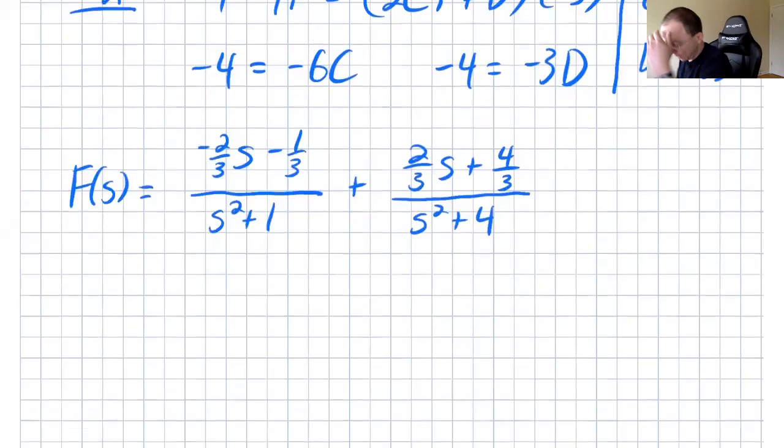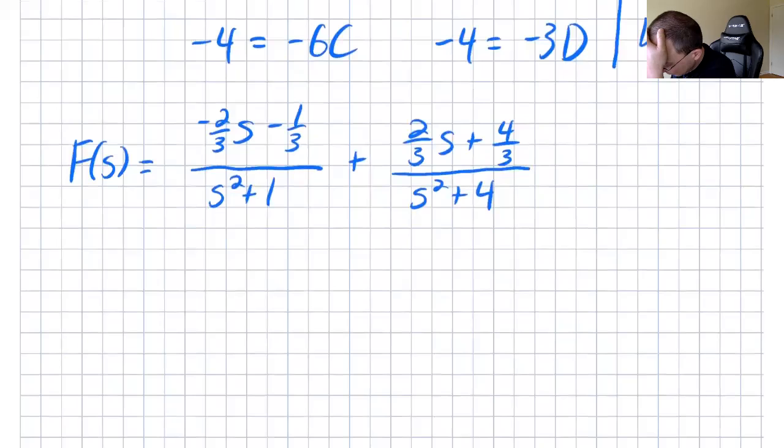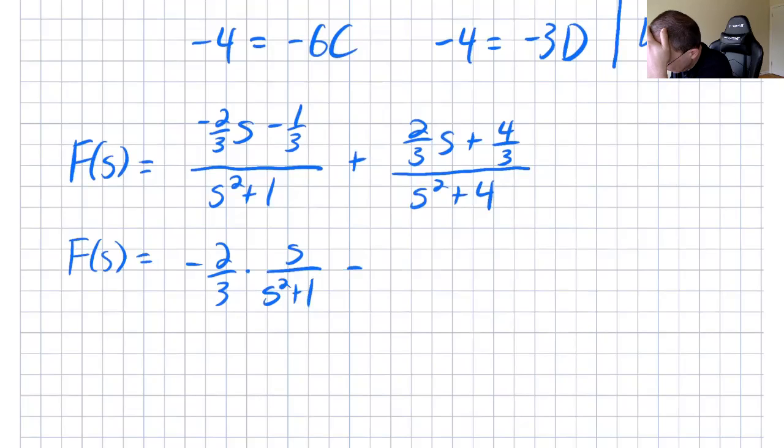Okay, let's break this up a little bit. So on this term, we have -2/3 times s over s squared plus 1. And then we have minus 1/3 times 1 over s squared plus 1. And that's what we want in the numerator there. So this is going to be sine t, and this will be cosine t.